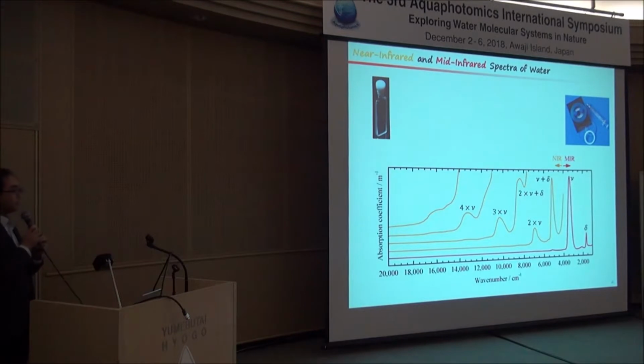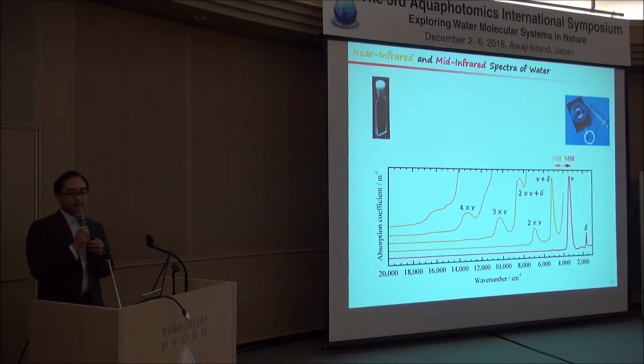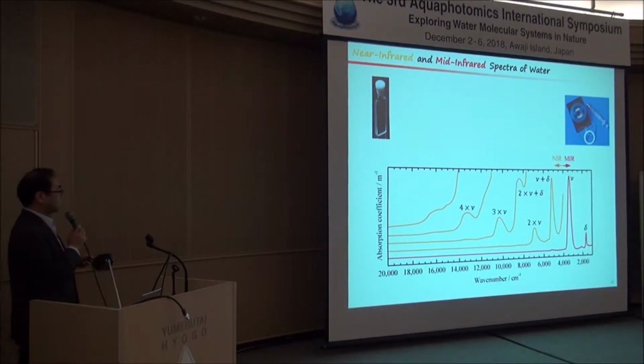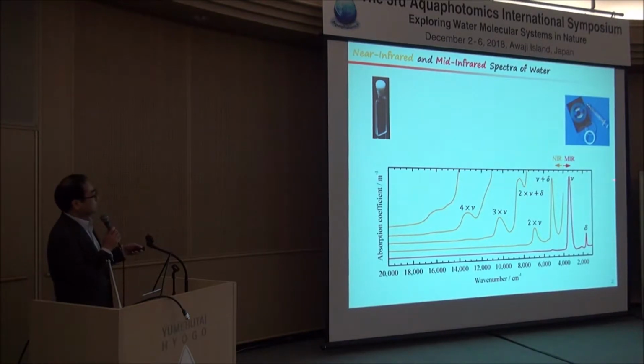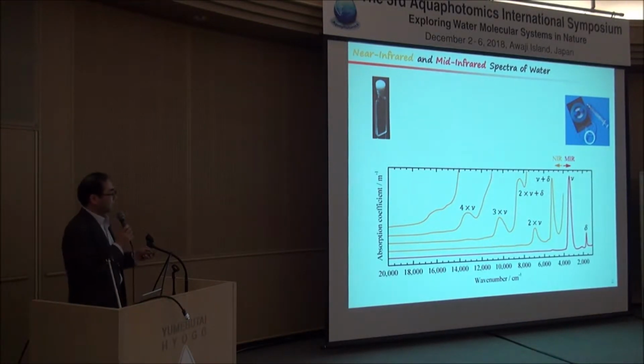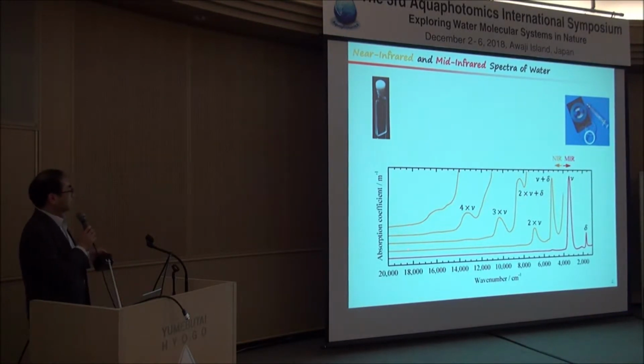Both near-infrared spectroscopy and mid-infrared spectroscopy are promising tools for the investigation of hydrogen bond systems, including water and alcohol and so on. This figure shows the absorption coefficient spectrum in the mid-infrared and near-infrared region. In the mid-infrared region, the absorption coefficient is very large. However, in the near-infrared region, the absorption coefficient becomes smaller.